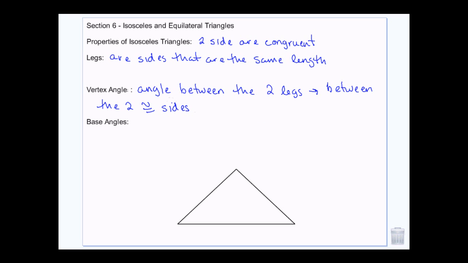Okay, and then the base angles are the other two angles. Okay, so if this is an isosceles triangle, so this leg is the same as this leg. These will be my legs.